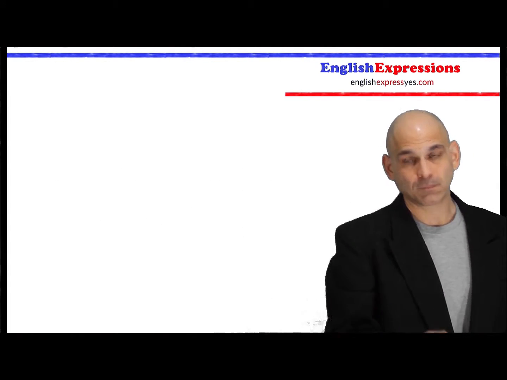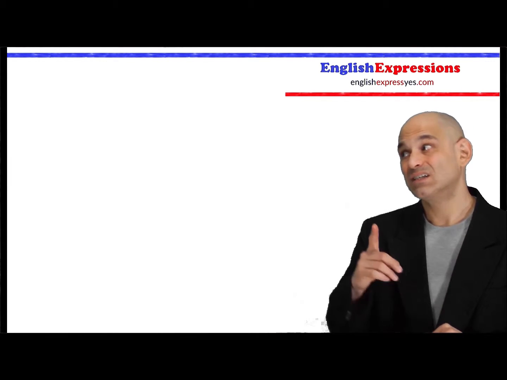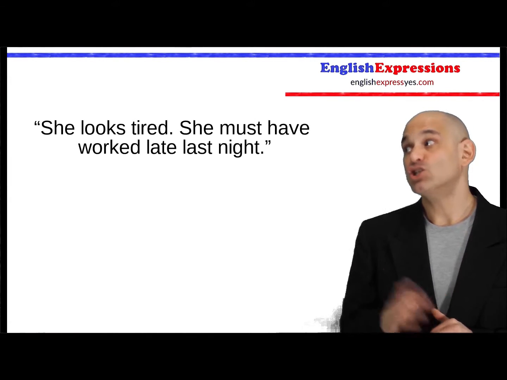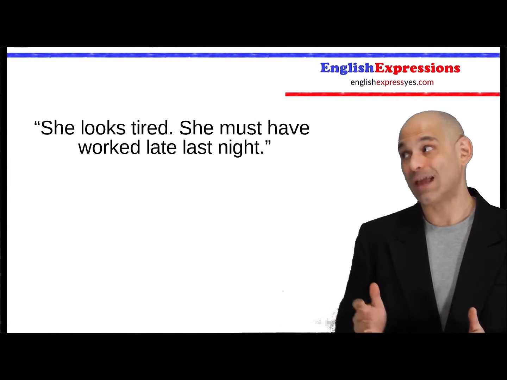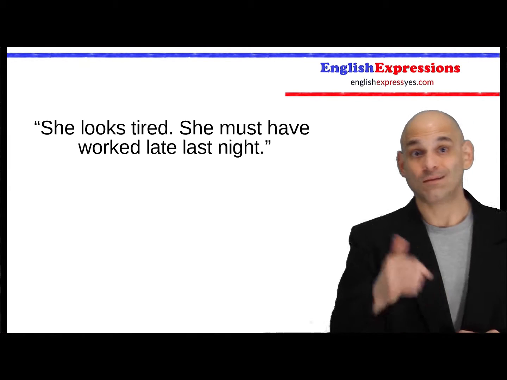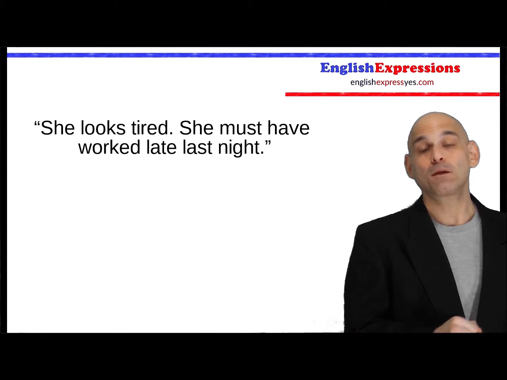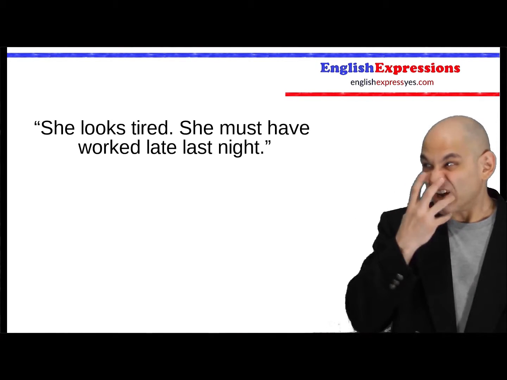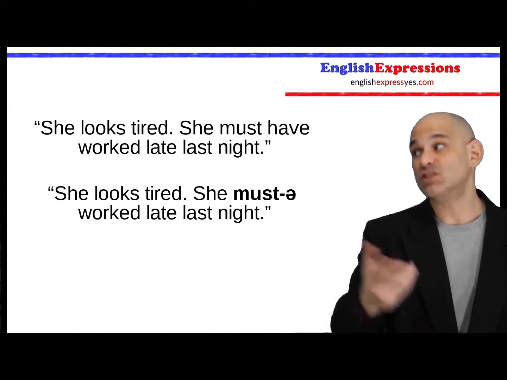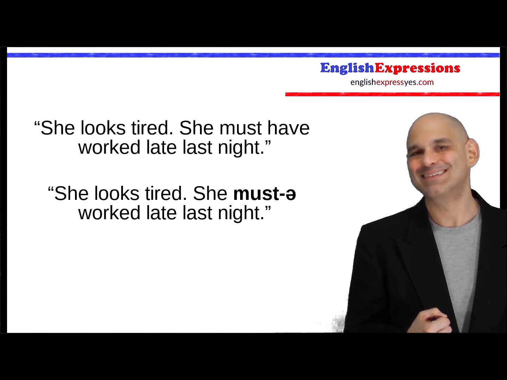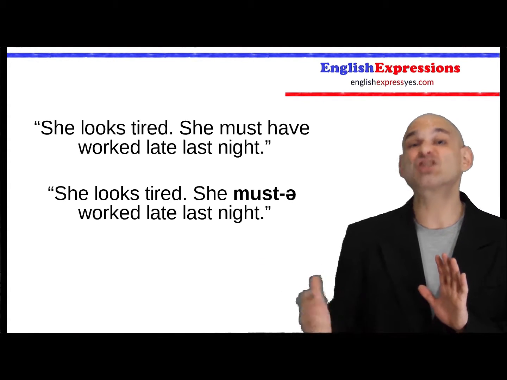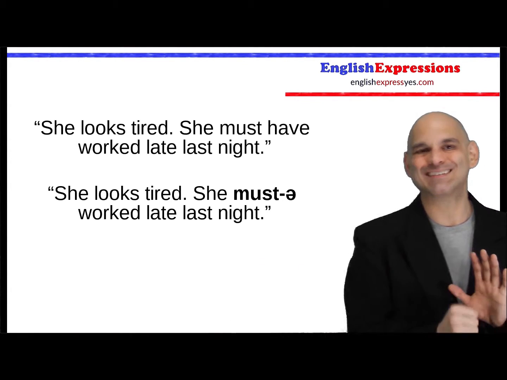For example, oh, she looks tired. She must have worked late last night. Native English speakers don't say that. A native English speaker would say, she looks tired. She must have worked late last night. Okay? She must have worked. She must have worked late last night.